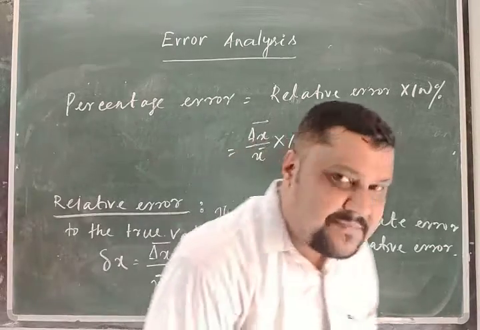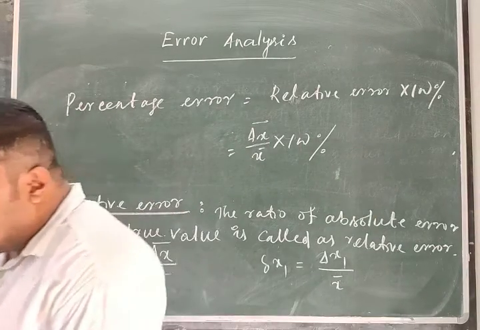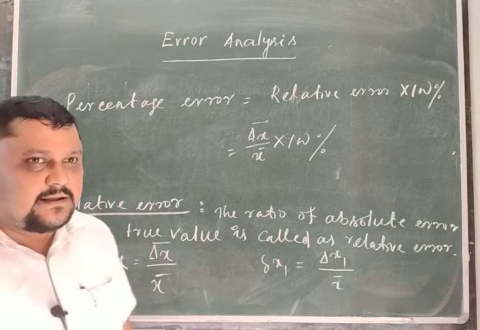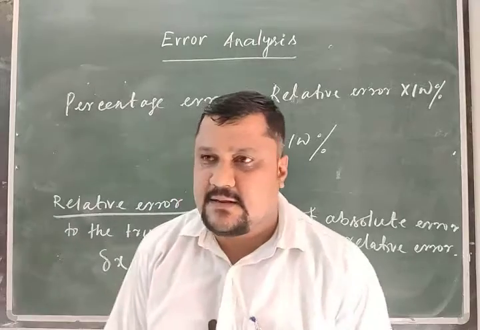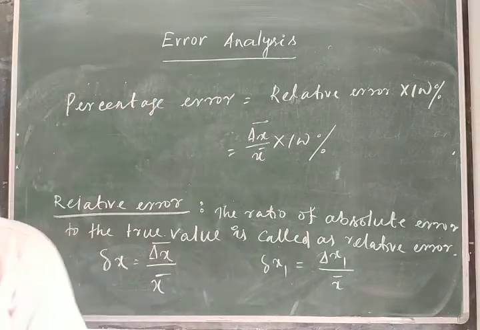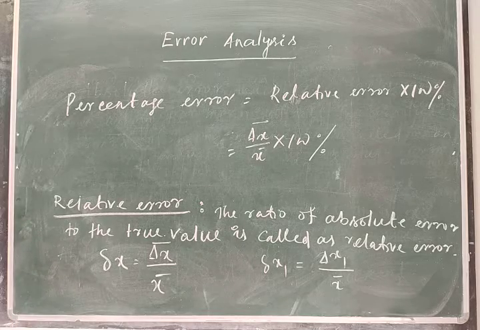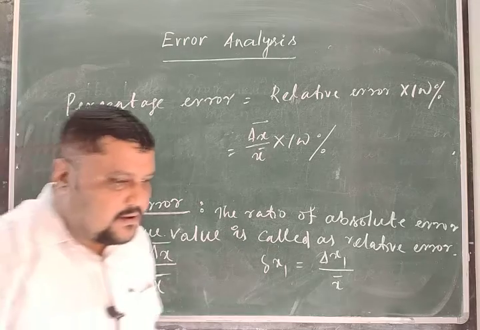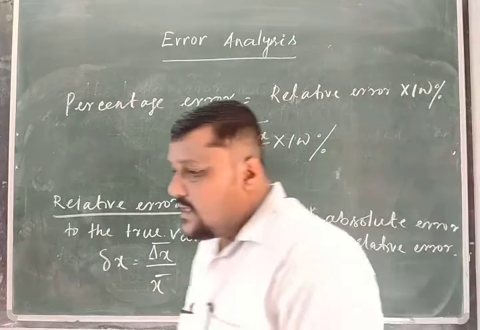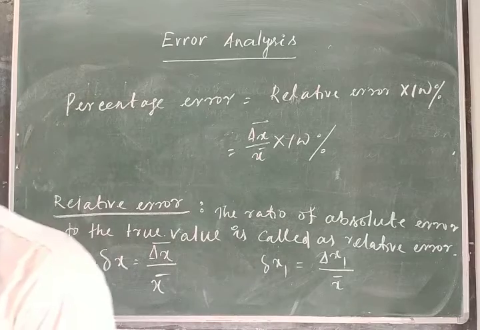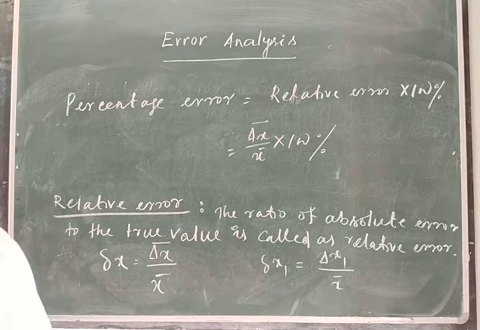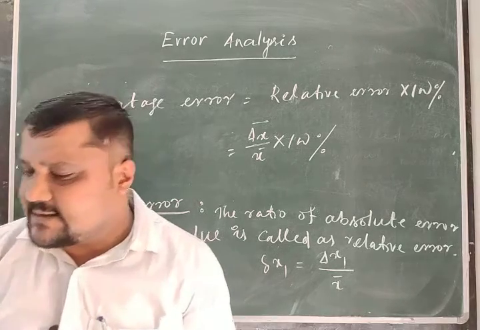On the other hand, the measurement of a physical quantity is said to be more precise if the random error is small. Clear? So remember this thing.